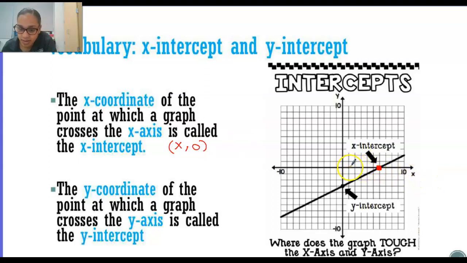So on this one, my x-intercept is 1, 2, 3, 4, 5, 6, comma 0. My y-intercept is wherever my graph crosses the y-axis. So it's written as 0, comma y. So let's see what my y value is, negative 1, 2, 3. So 0, comma, negative 3 is how I would write the y-intercept of this.